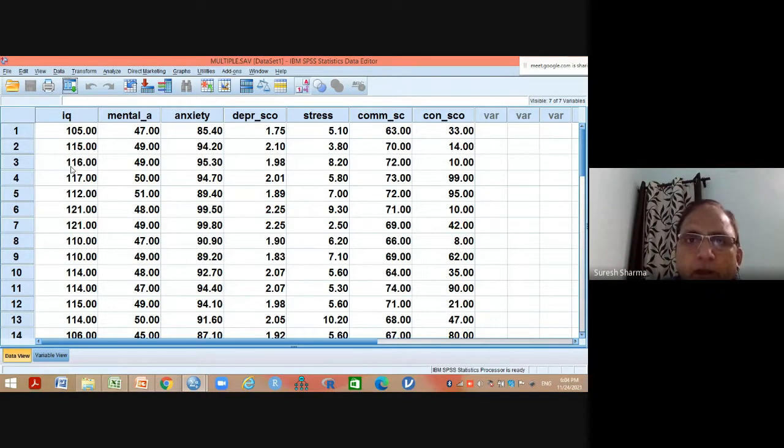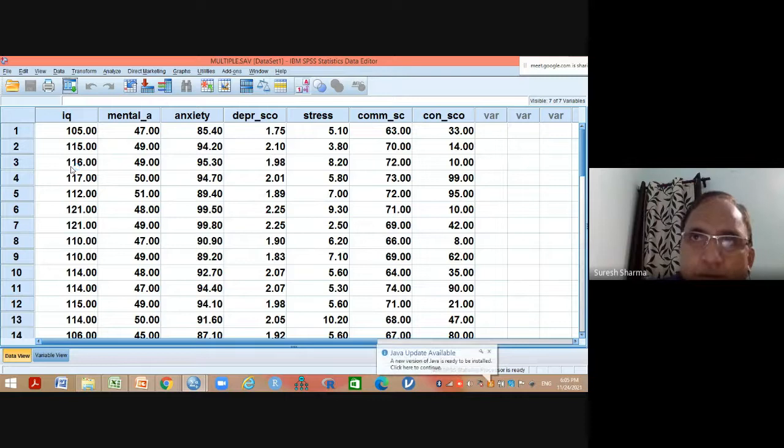But let's say out of this, suppose I say only 4 are coming out to be significant. If 4 are coming out to be significant, then I can drop the other 2 because they are not important to predict IQ. And the answer to this is given by what is called stepwise regression.